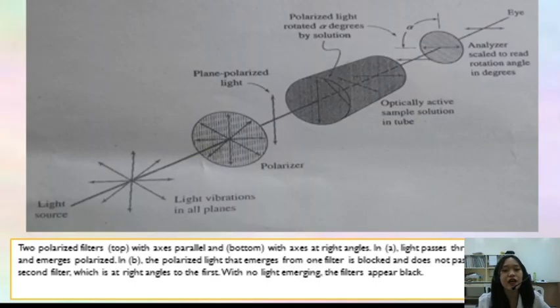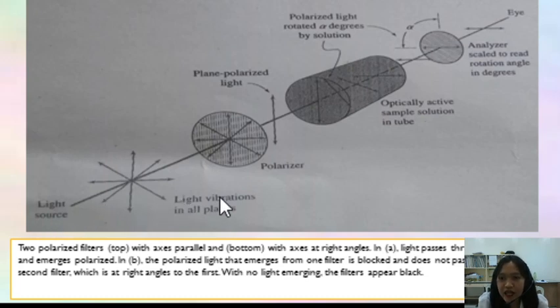Okay. So, ito na ang example natin ng isang polarimeter. Kita nyo, you have the light source. So, ito yung ating sodium lamp. It is the light source.